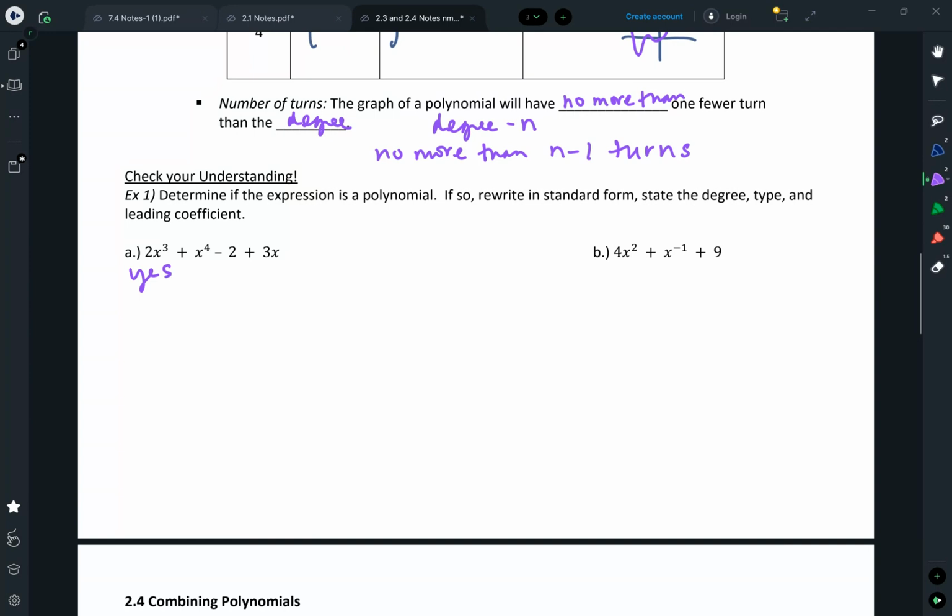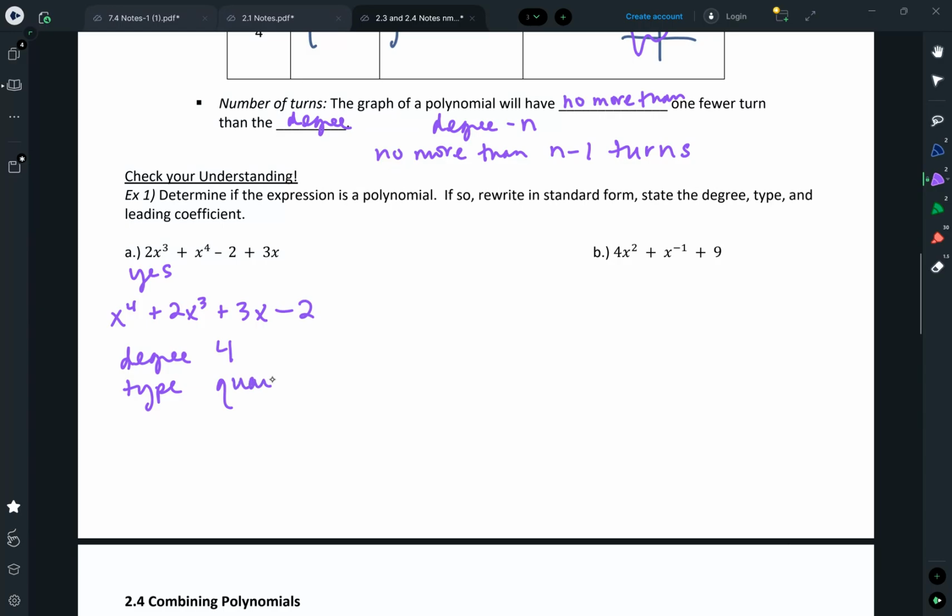Now to answer my other questions, I want to write it in descending order. So I'm going to write the x to the fourth power first, then 2x cubed, and then 3x, and then a minus 2. So now my powers are going down. And it's okay that I don't have a squared term. That's fine. My degree is the highest power of any of the terms. So the degree is 4. My type, well, if it's degree 4, it's going to be quartic.